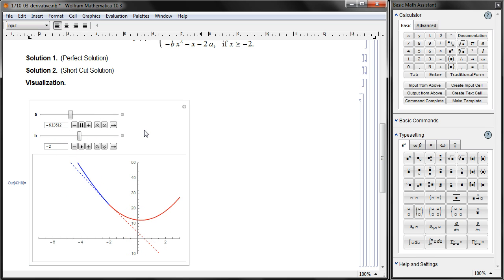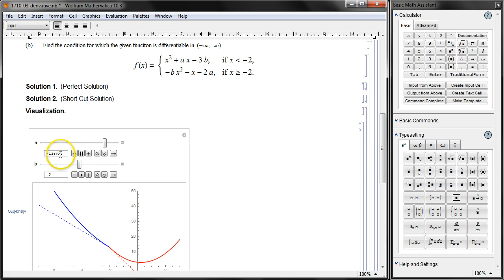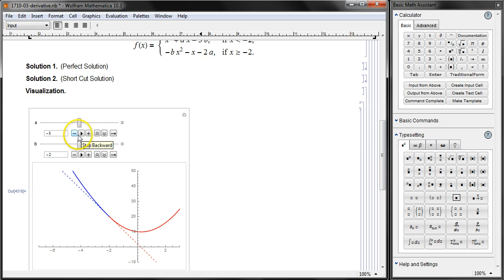But as you can see, we have a cusp forming, and then we have smooth joining, and then further, and we're losing the differentiability. So if you plug in a equals -5, then we have perfect continuity and differentiability.